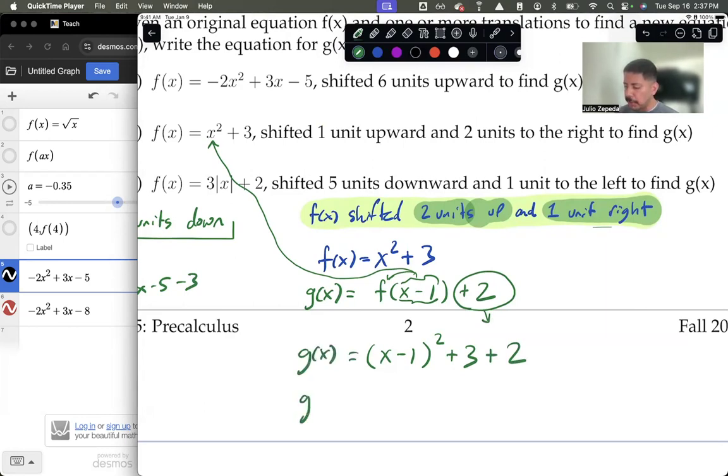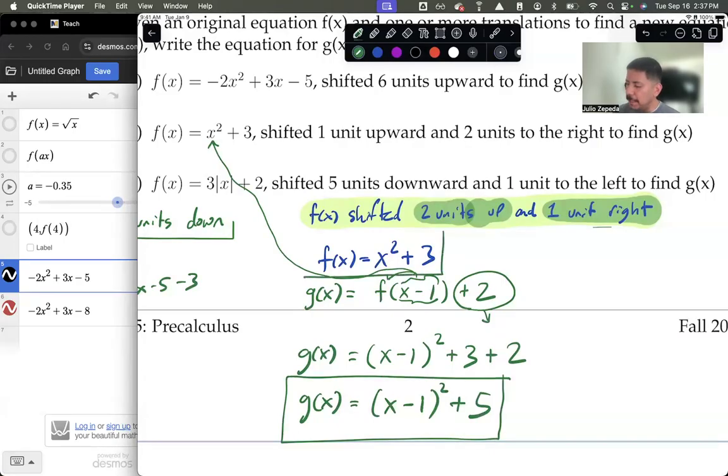Okay, so is it true that g of x equals x minus 1 squared plus 5? Is this function the same as f, but just shifted 2 units up and 1 unit to the right? Yeah, look at this value here on the outside. The value on the outside is 2 units more, so the y values of g are going to be 2 units greater.